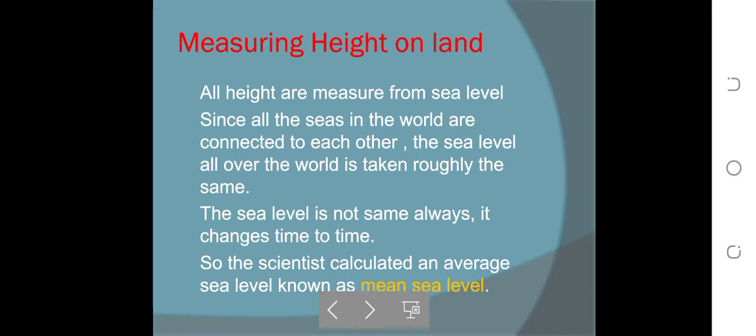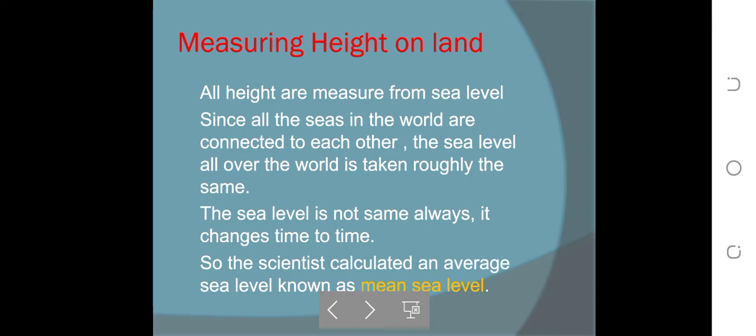It is taken roughly the same. The sea level is not always the same, it changes from time to time. If you see the top level of the sea, it never remains the same.